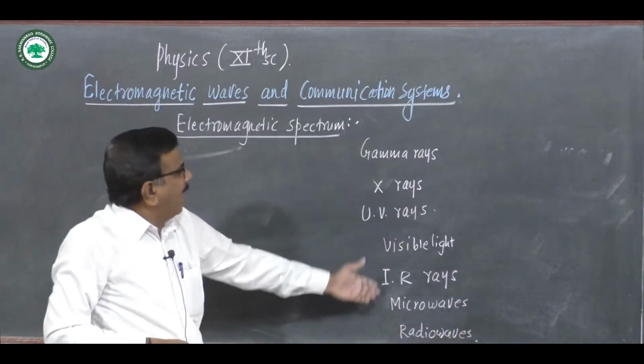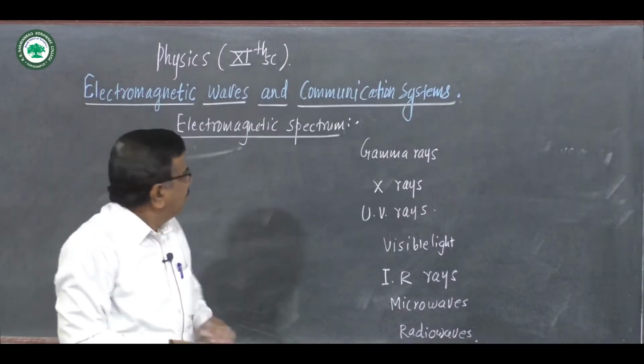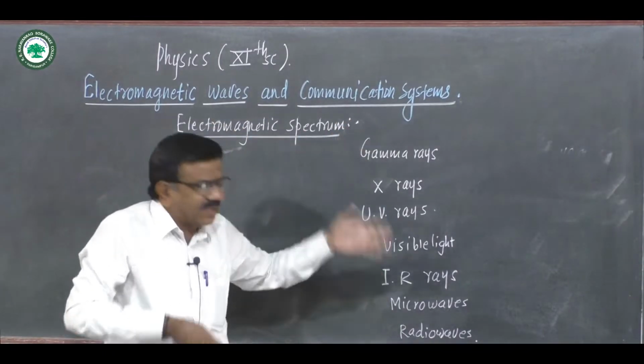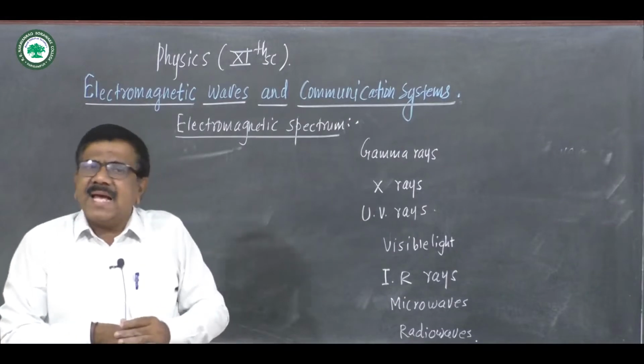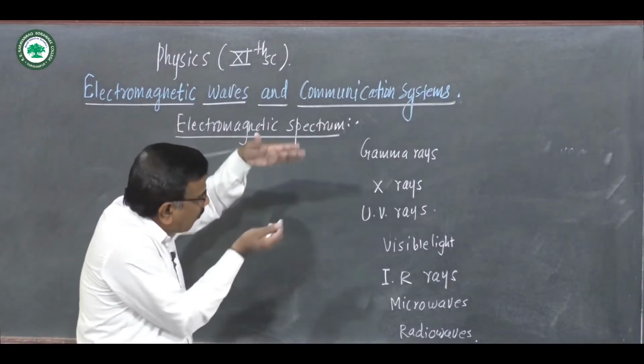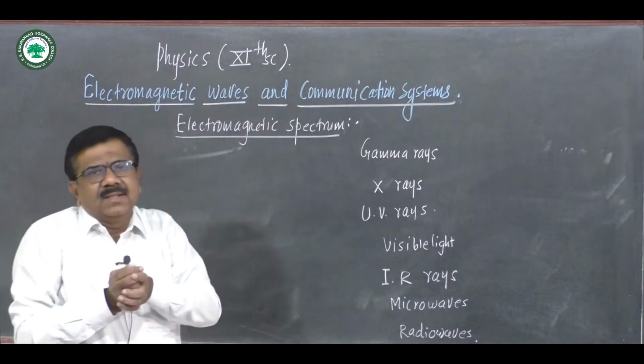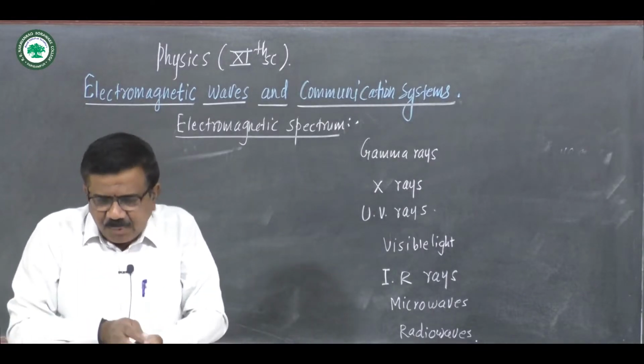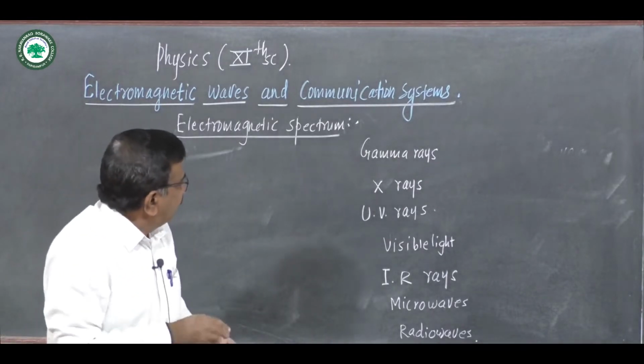These are the electromagnetic waves, and this is the electromagnetic spectrum. They are sequentially arranged according to their wavelengths or frequencies in the form of different groups having different properties.